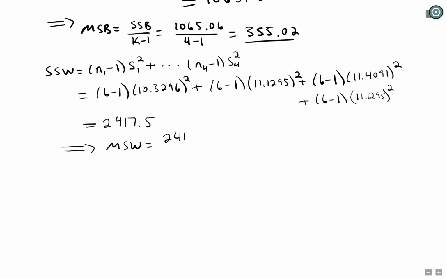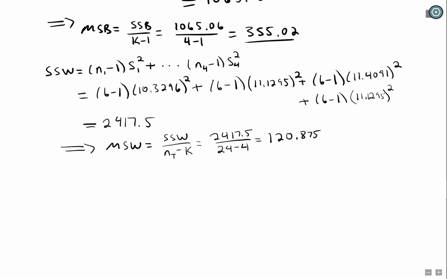Recall MSW is SSW over n_T minus k. Okay, so this is 2,417.5 divided by 24 minus 4. You take that ratio, you get 120.875.